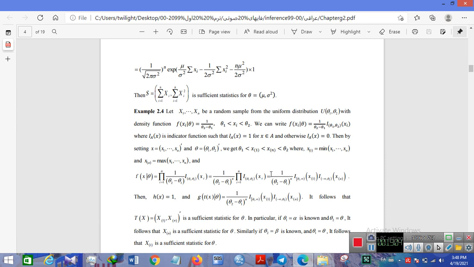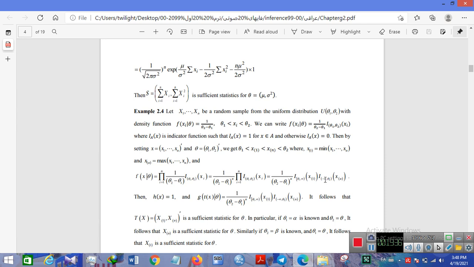Otherwise this product equals 0. So this part is fixed, and you can write these inequalities by that one. X(1) is between theta 1 and infinity, and X(n) is between minus infinity and theta 2.